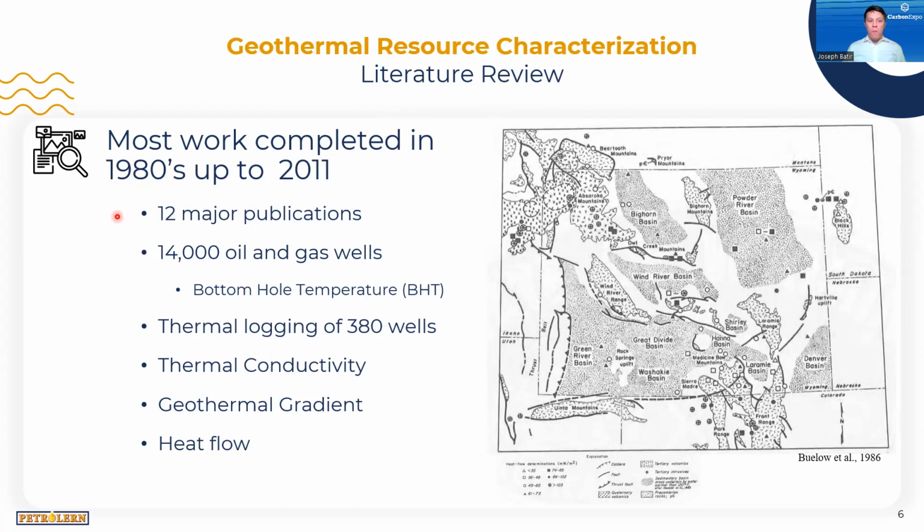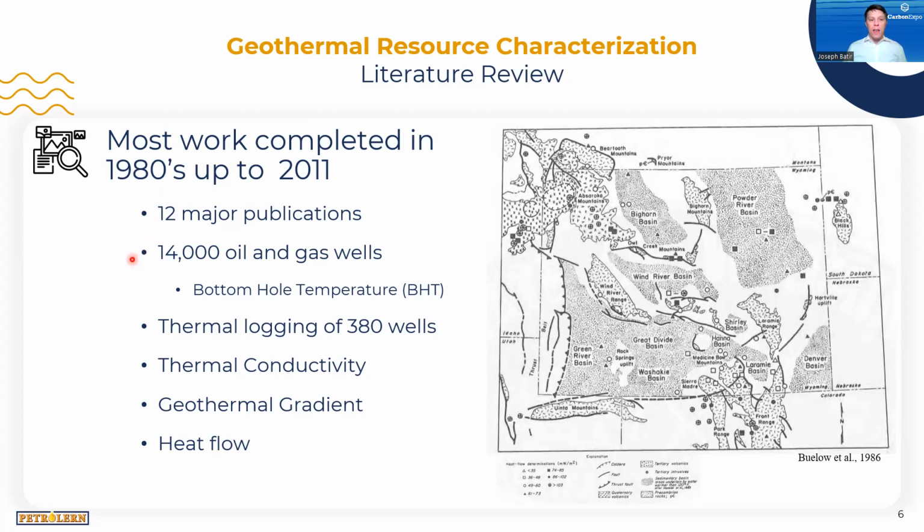So there have been 12 major publications. There are 14,000 oil and gas wells or thereabouts, all of those having bottom hole temperatures that we can utilize for understanding the underlying resource and the thermal regime.